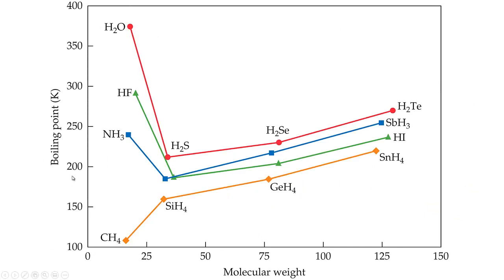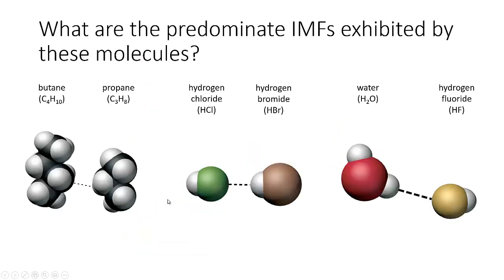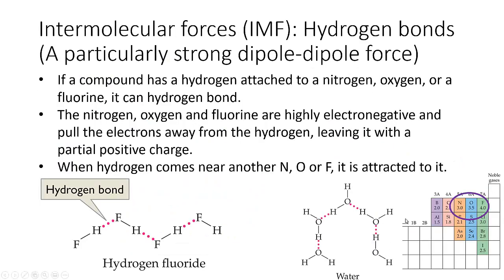Alright, so this is a graph showing you the molecular weights of the compound along this axis and the boiling points. And what's significant about the colors is this is what happens when you look at a group. So meaning, if you look at carbon on the periodic table, right below carbon is silicon, right below nitrogen is phosphorus and arsenic, oxygen, sulfur, and selenium, they all go together.